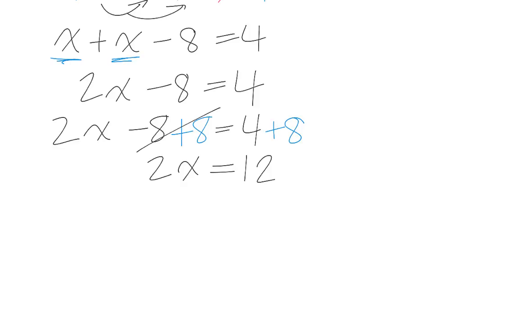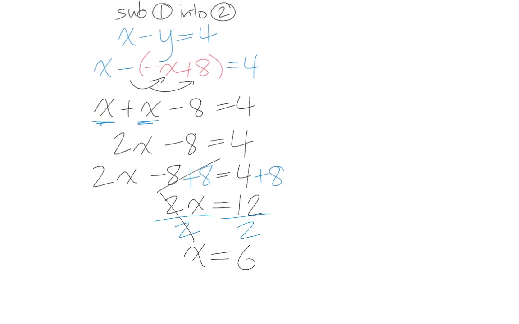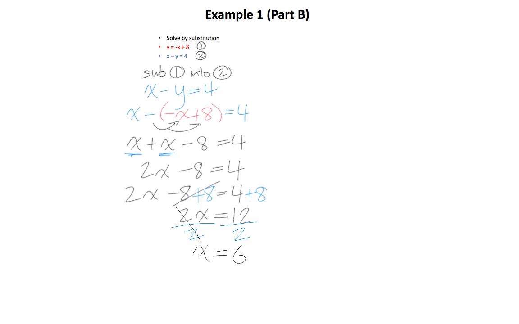I need to get rid of this multiply by 2, so I'm going to divide both sides by 2. These 2's cancel out, which leaves me with just x, and 12 divided by 2 is 6. Therefore, I just figured out the x-coordinate of the point of intersection, and that is x is equal to 6.